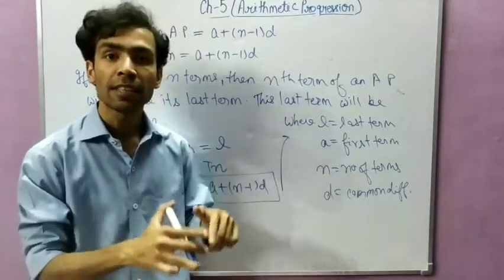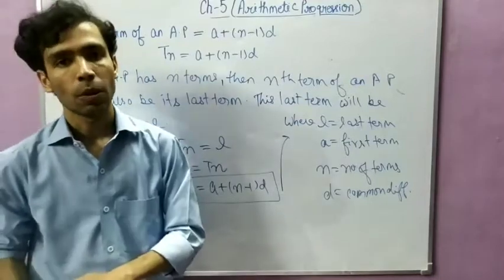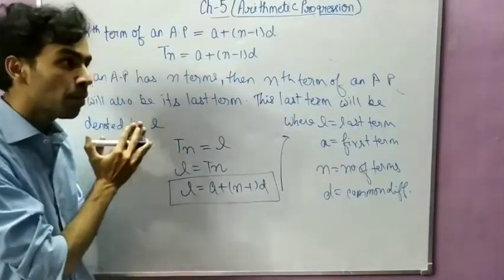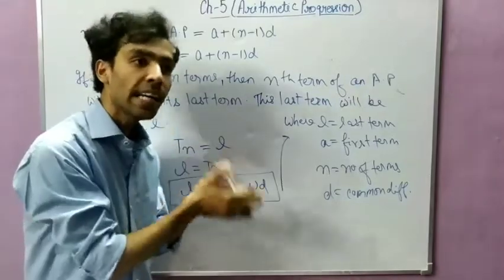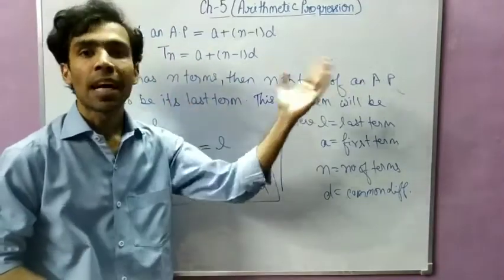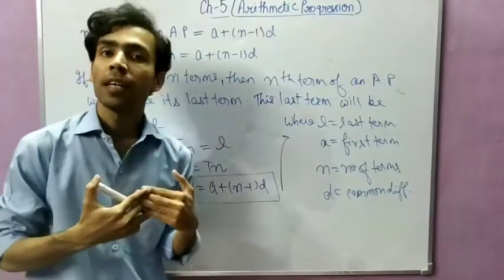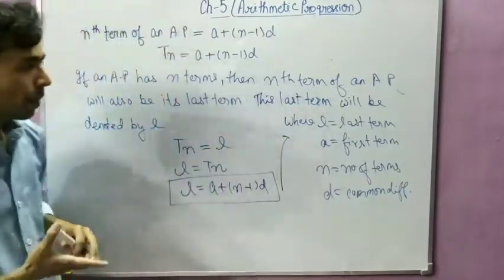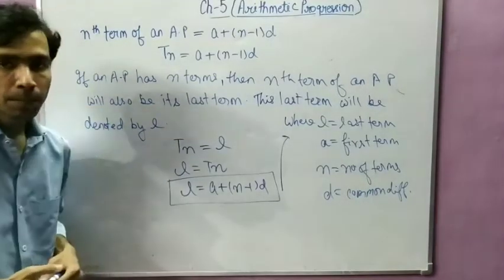We can define the last term only when the number of terms is finite. If the number of terms is finite, the nth term will be the last term. If the number of terms is infinite, we cannot determine the last term. So first write these things. This is the formula.